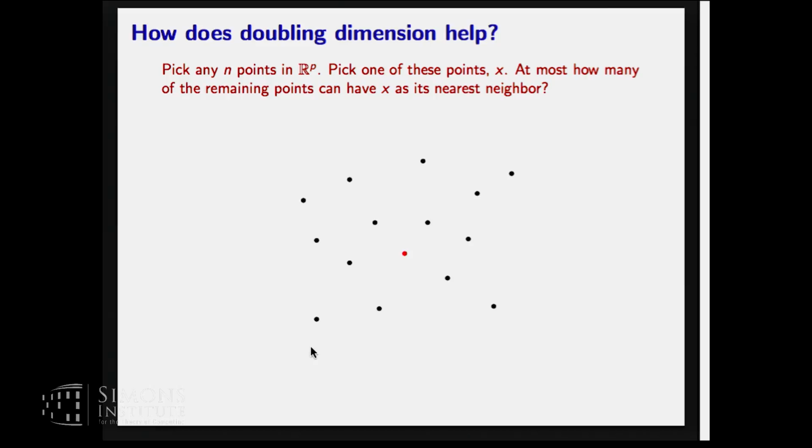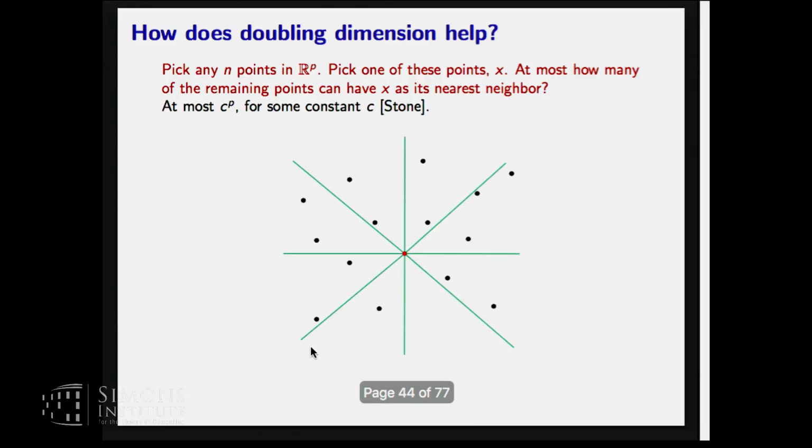We don't really. I believe this was shown by Stone in the 70s, that at most 2 to the p other points, or maybe it's 5 to the p other points, can have this as its nearest neighbor. The argument he used, he was trying to show the universal consistency of nearest neighbor, which is the topic I will get to next. He was saying, let's look at a bunch of really narrow cones subtended at this point x, and let's just cover space with these cones.